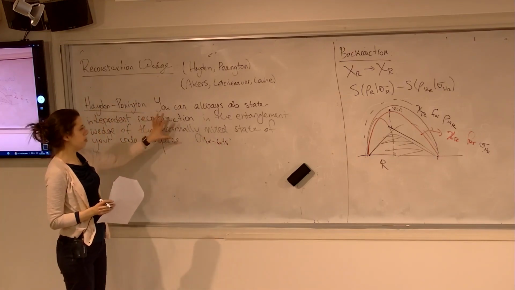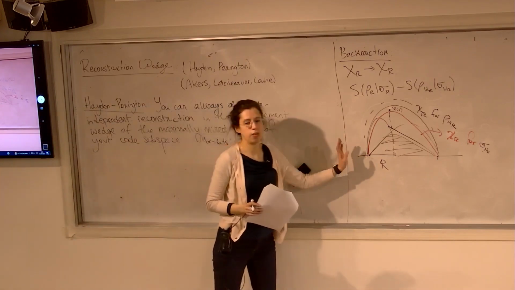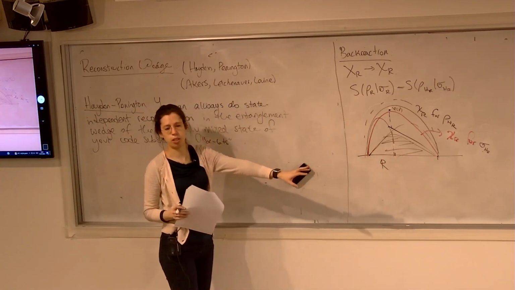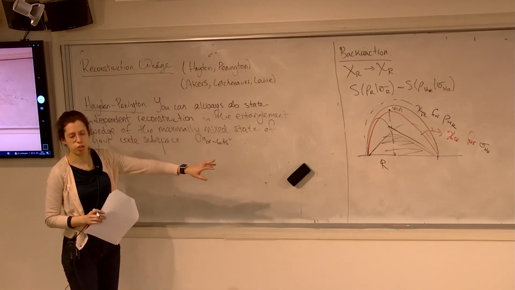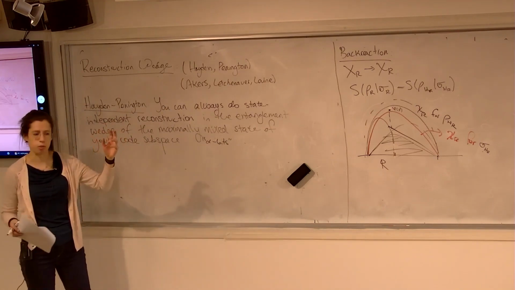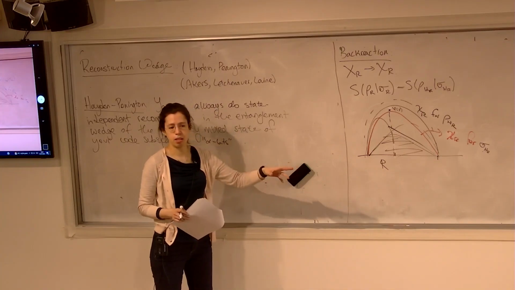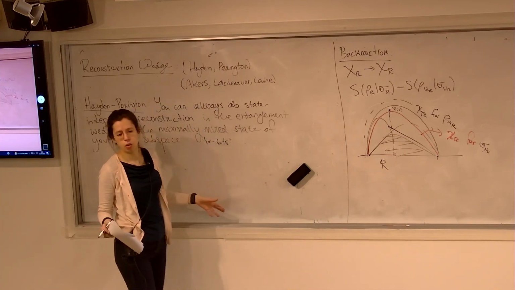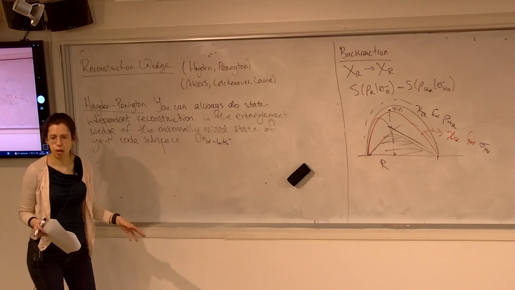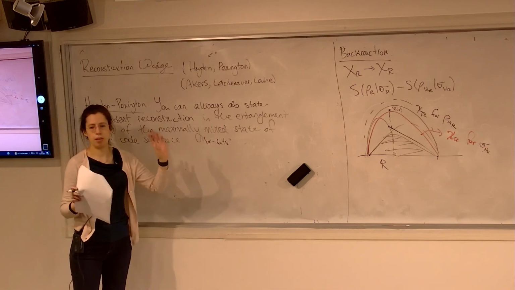Essentially, what this means is you take your code subspace, you define some code subspace, you say this is the set of states I'm interested in reconstructing operators that relate to one another. And then you ask, within this code subspace, what is the maximally mixed state? I don't mean maximally entangled pure state, I mean the maximally mixed state.